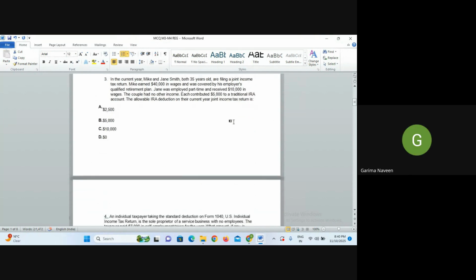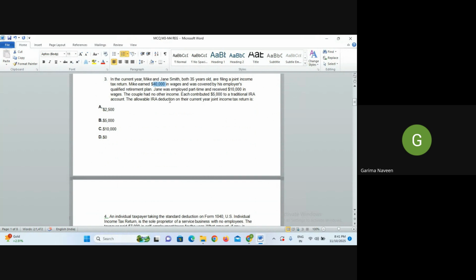Okay, next question. In the current year, Mike and Jane Smith, both 35 years old, are filing a joint income tax return. Mike earned $40,000 in wages and was covered by his employer's qualified retirement plan.